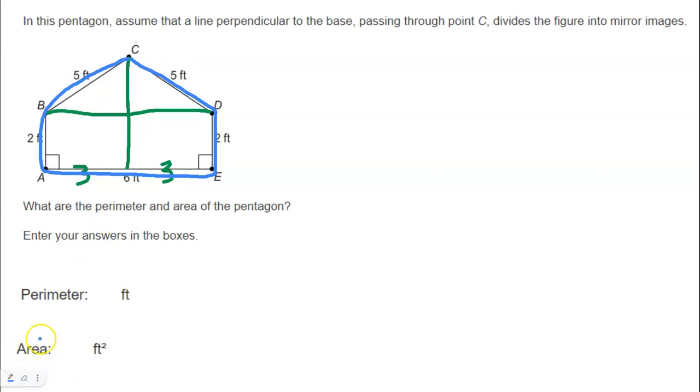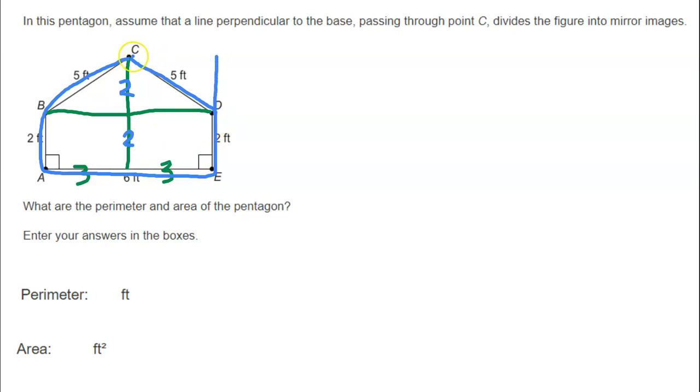The area, however, I'm going to need to do 2 of these right here, okay? And if this is a mirror image, I notice that this part right here is 2 feet. Therefore, this part right here is 2 feet as well.